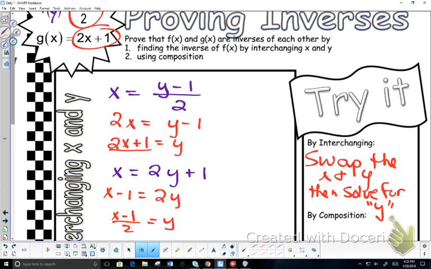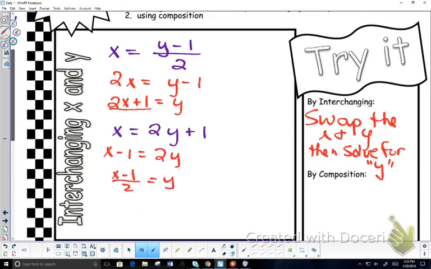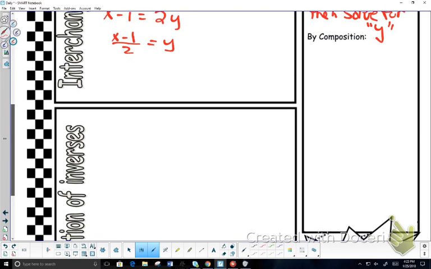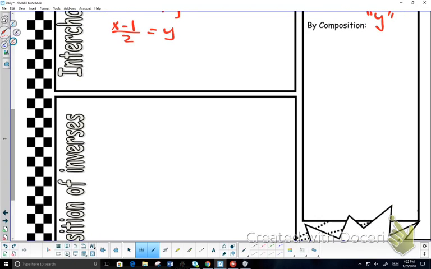Okay? So now we're going to use composition, which we learned in our last class. We can also use composition to, once again, prove it. We can't use it to find it, but we can use it to prove it. So I'm going to do f of g of x, which means my outside function is f of x, and f of x was (x minus 1) over 2.